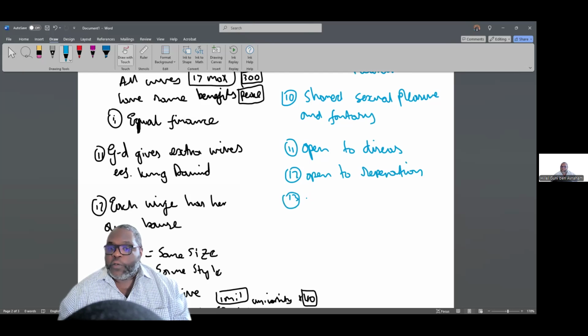It's pretty much open to anything. In other words, there are no real boundaries unless people sign contracts among themselves, but it's pretty much open to any corruption that comes.